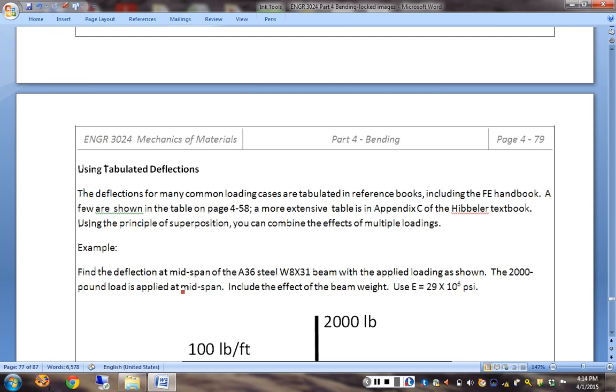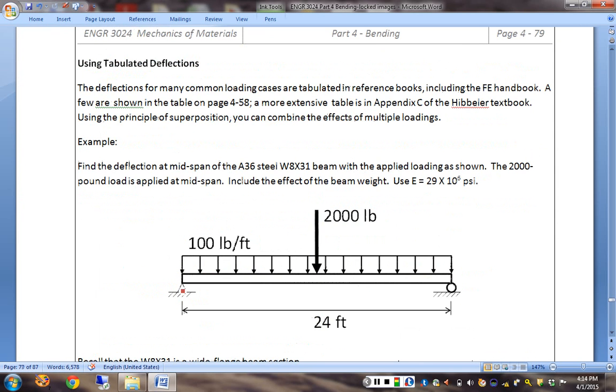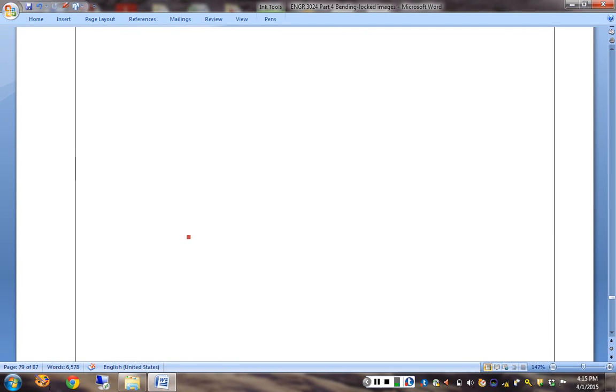So, tabulated deflections. These are sort of shortcuts. And I want to say one thing about sign convention. We have said that x goes along the beam this way and y goes up.